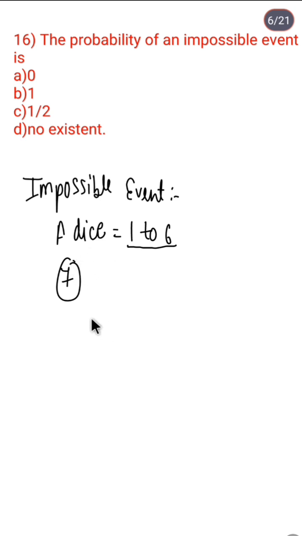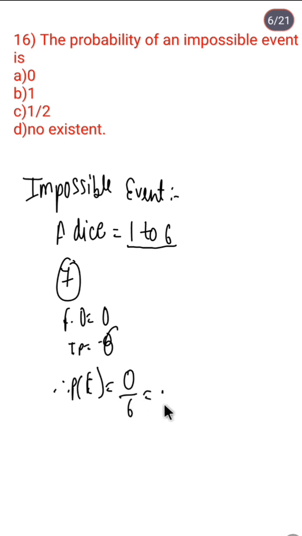No. So the favorable outcome is 0, and the total possible outcome is 6. Therefore the probability is 0 by 6, that is 0. When it is asked about an impossible event, the probability is always 0, option A.